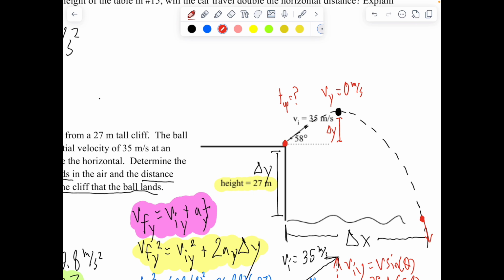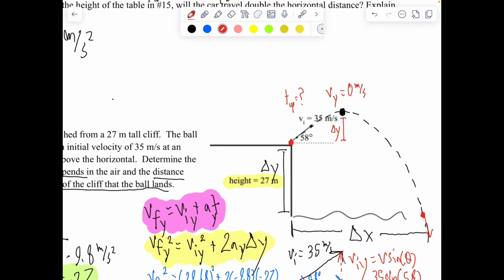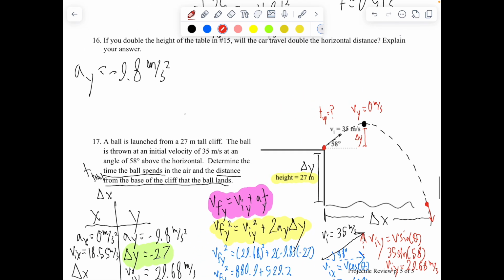What you then have to do is split it into another problem and say, now that we figured out how long it takes to go up, we have to figure out how long it takes to go down. And you essentially treat it like a horizontal launch problem, but now you're starting at whatever this delta y is in red, whatever this height is, plus your 27, because you are going purely to the right here.